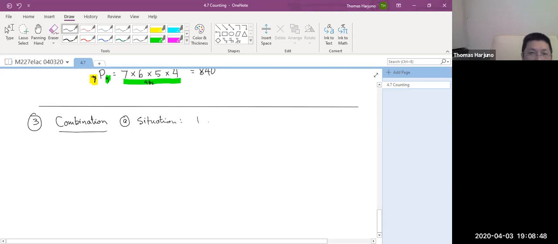You have one box with n distinct items. Our action is we will select r items. Order is not important.